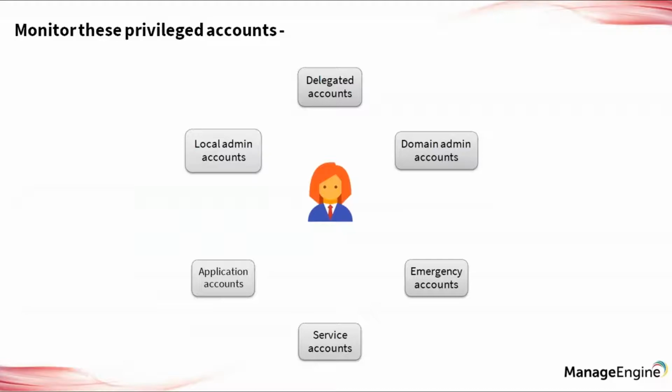These are accounts that are given emergency admin privileges in case of situations such as server failure. Your service accounts, your application accounts, and your local admin accounts. Monitor all of these accounts. Ensure only your trusted users wield these accounts, and ensure that the number of users using these accounts is small, because then it becomes easier to track them.